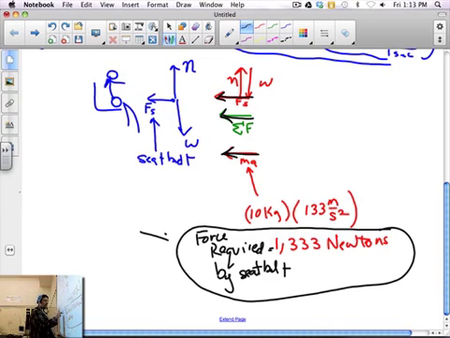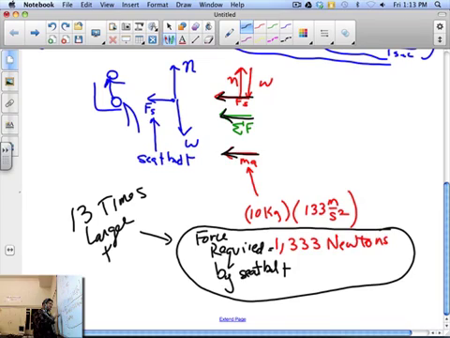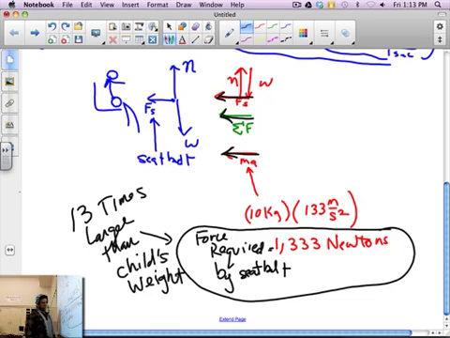So this is 13 times larger than the child's weight. So this is a trick we use to try to wrap our brain around the problem. This is actually incredible. Imagine if your child suddenly weighed 13 times more sideways. Would you be able to keep them from flying out the window?